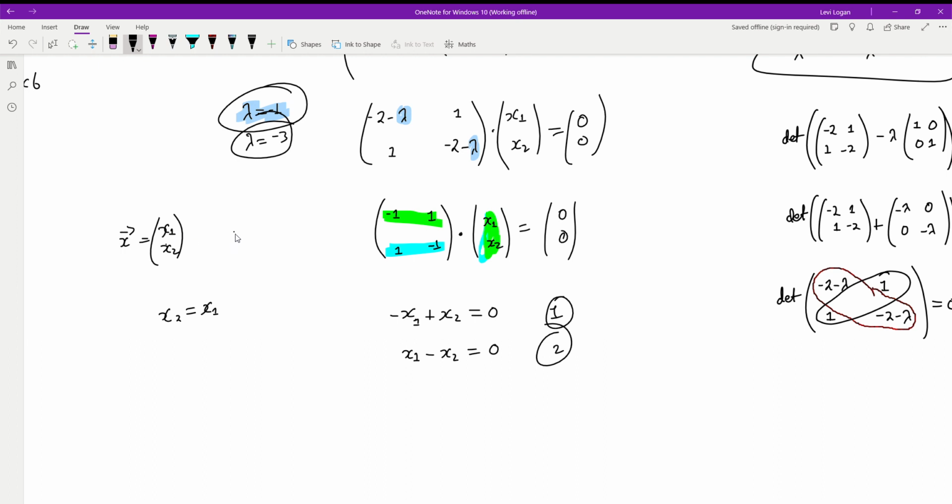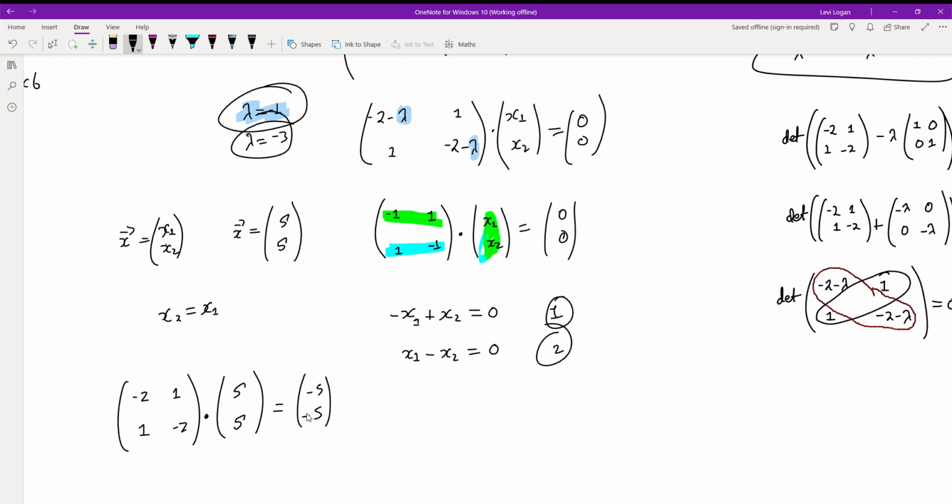So let's say we went with the vector 5, 5, okay? If you multiply this vector by this matrix, -2, 1, 1, -2, that's going to give you the vector -5, -5.